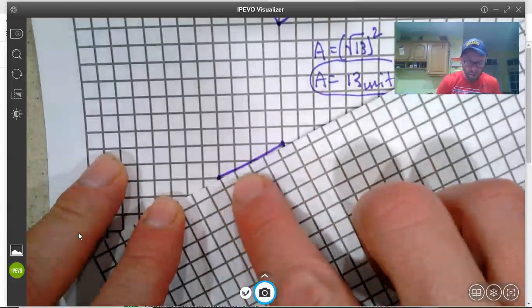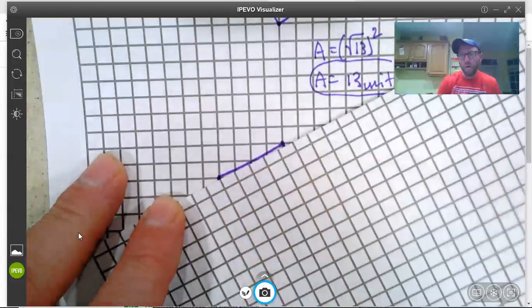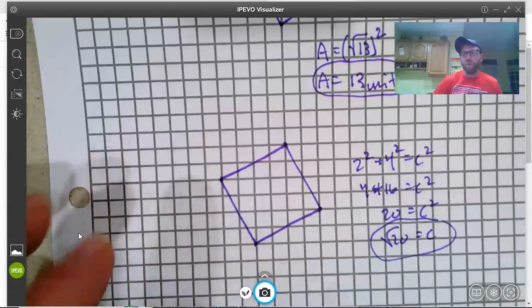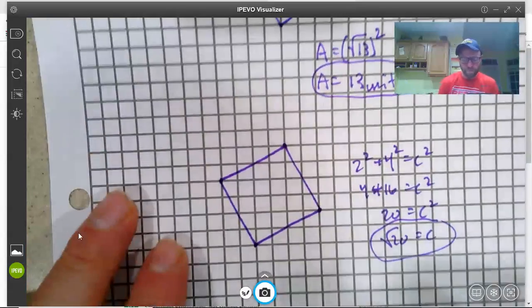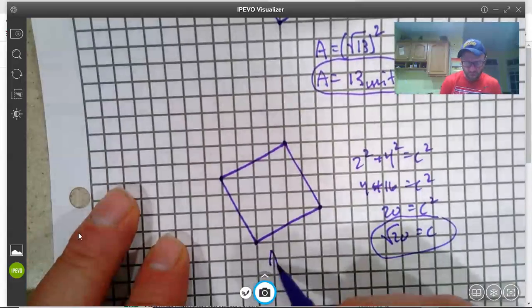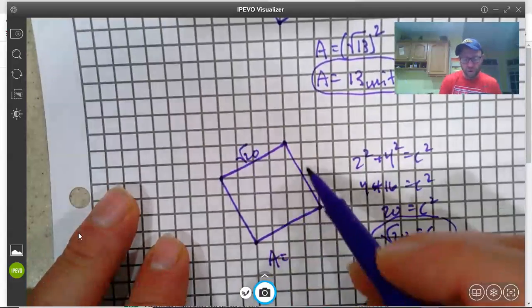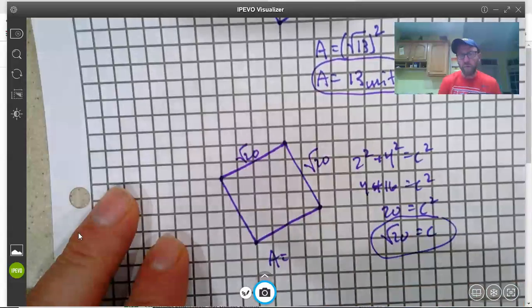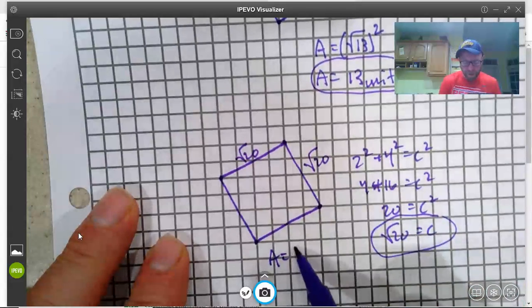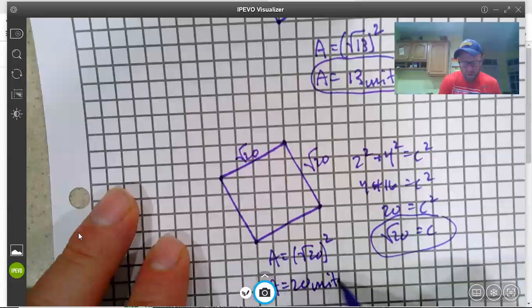Look, 1, 2, 3, 4, and it's like 4.47 something. So the area of this square would be, if this is square root of 20, then all the sides are square root of 20, base times height. We get square root of 20 squared, which is 20 units squared.